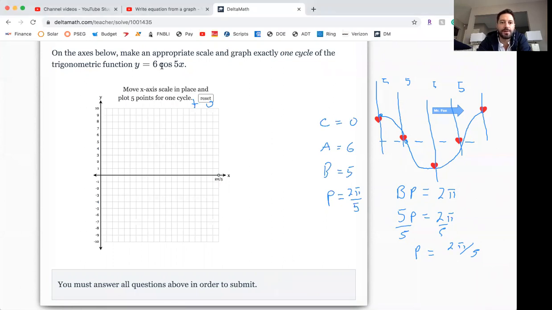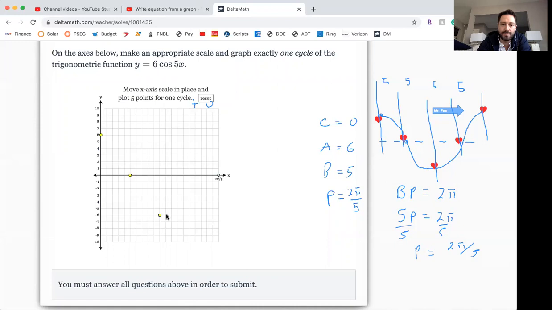Okay, 6 cos 5x. It's a cosine function. I'm going to go up to 6 and plot a point right there. Then I'm going to go over 5. 1, 2, 3, 4, 5. And then this goes down to 0. There's my second point. Over 5, and down to negative 6.